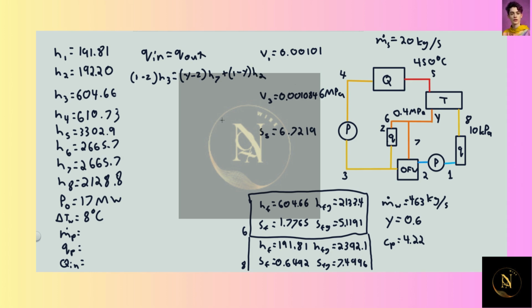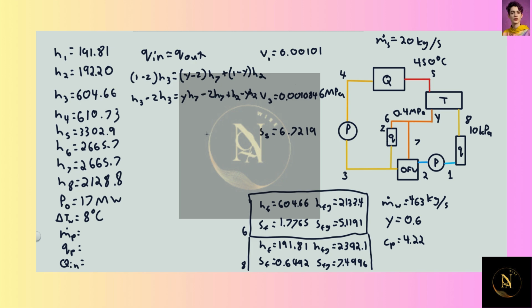So now all we need to do here is solve for Z, and then we can multiply that by our total mass flow rate of the steam to get the percentage, or the mass flow rate through the process heater. So what we have here, H3 minus Z H3 equals Y H7 minus Z H7 plus H2 minus Y H2.